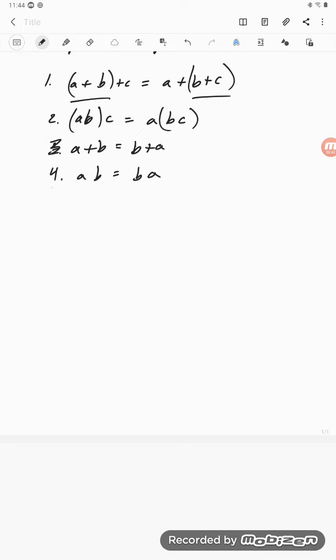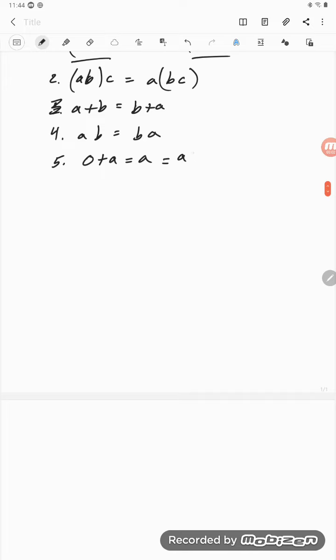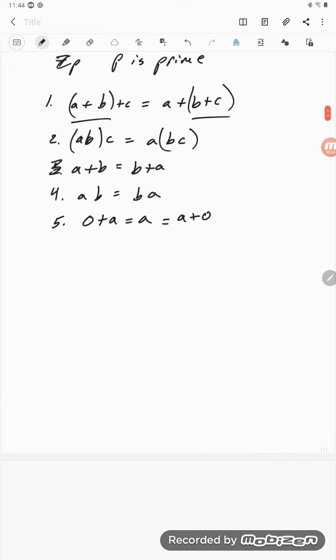And then now, every field has a 0 element. We typically will call it 0. And so what we have is 0 plus anything is just that thing. Okay. And of course, we could turn that around and make it A plus 0 because of rule 3 there, or property 3.